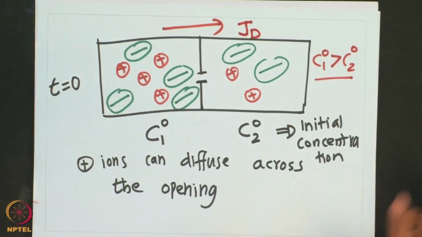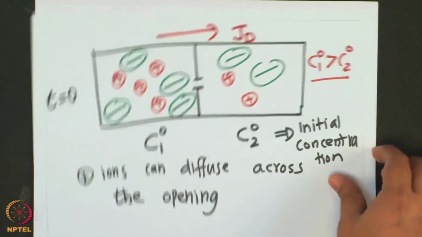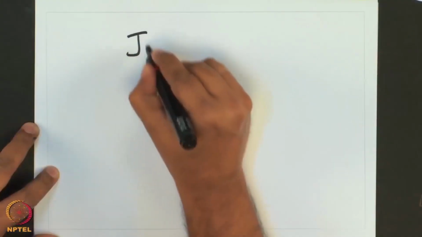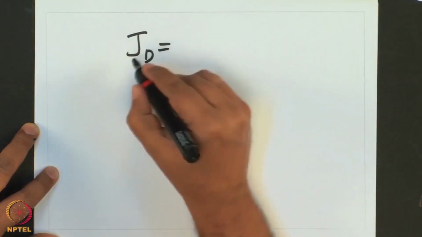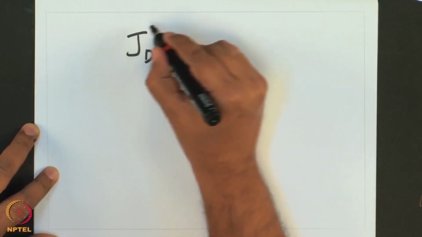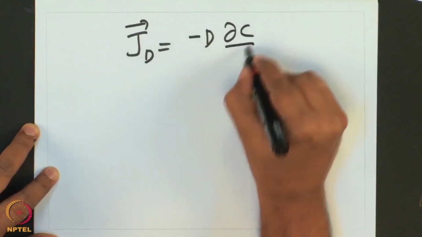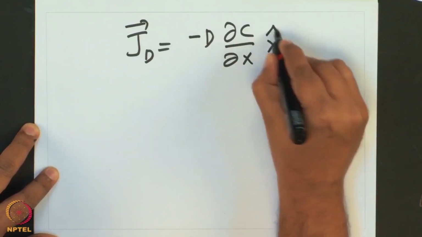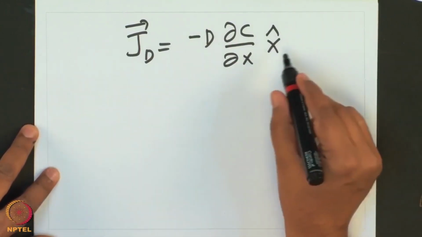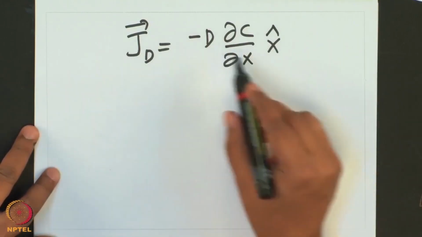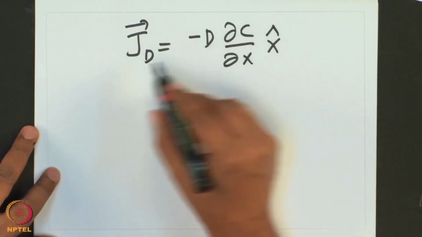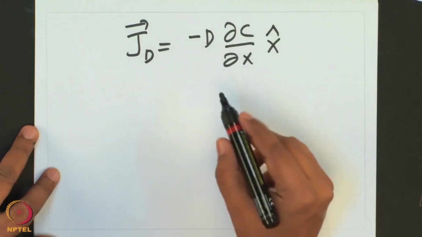From the discussion we had on diffusion, the flow due to diffusion, JD, would be minus D del c by del x, x cap. This would be the equation for this diffusion current.